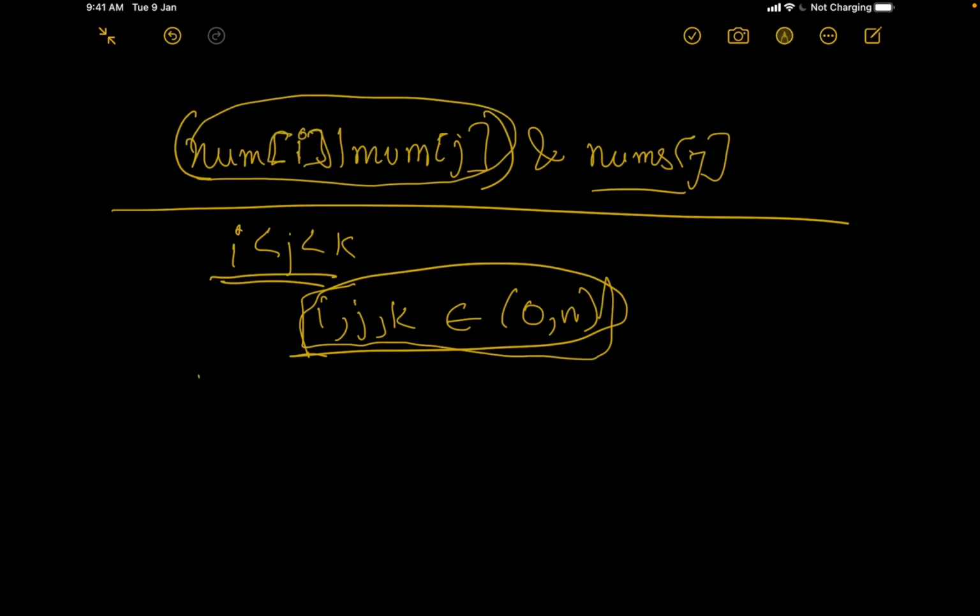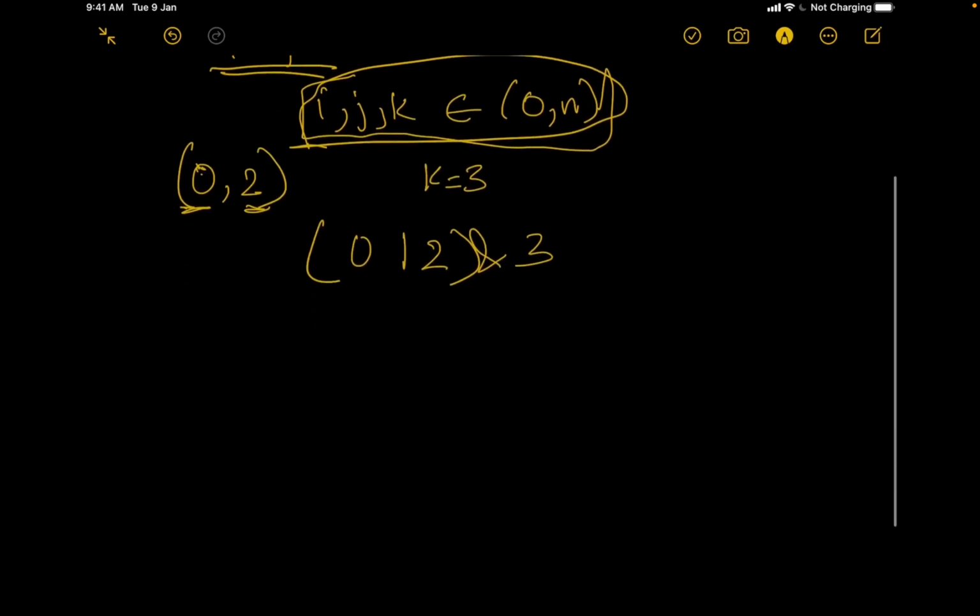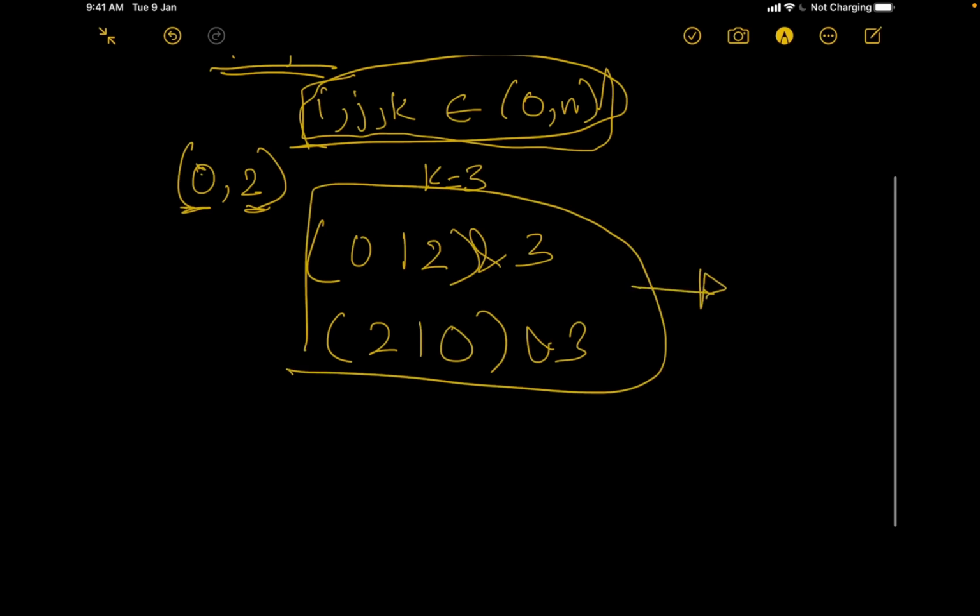I'm assuming two indexes, let's say 0 and 2, just any two random indexes I've picked. Then there would be a pair like 0 OR 2, ANDed with another index, let's say k equal to 3. And there would also be a pair where it's 2 OR 0 ANDed with 3. There would definitely be two pairs like this.